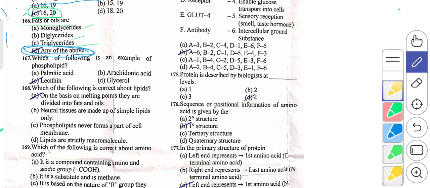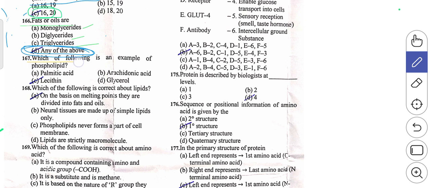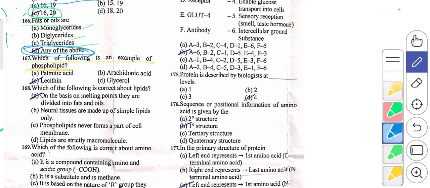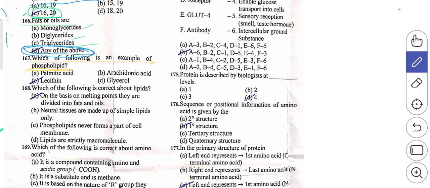So next one, which of the following is an example of phospholipid? We all know where phospholipid is present. Phospholipid will be seen in all cell membranes, as we have the phospholipid bilayer. Then they have given some examples.